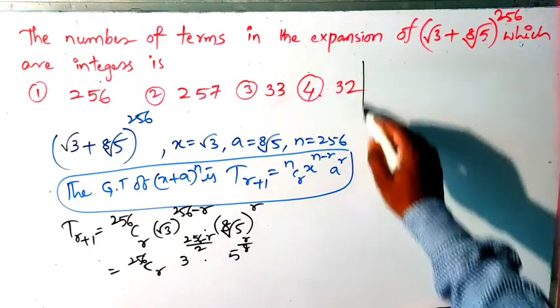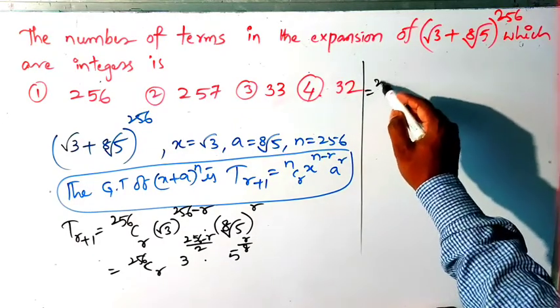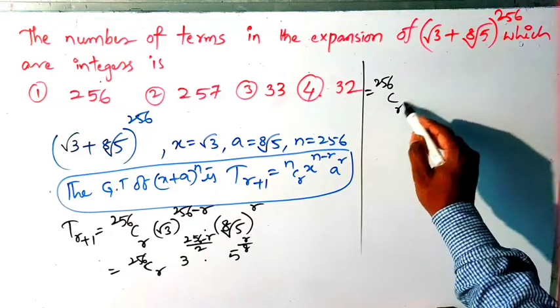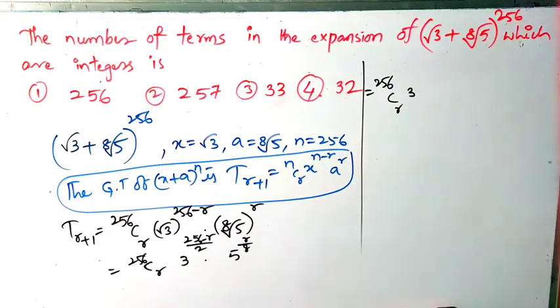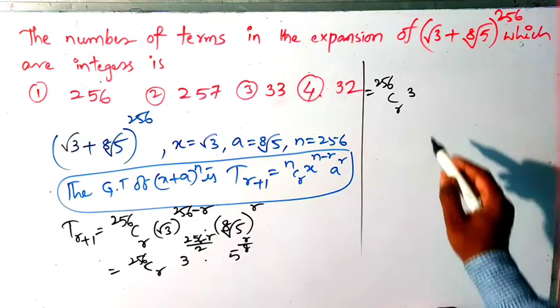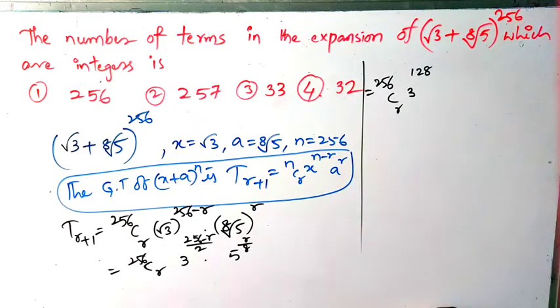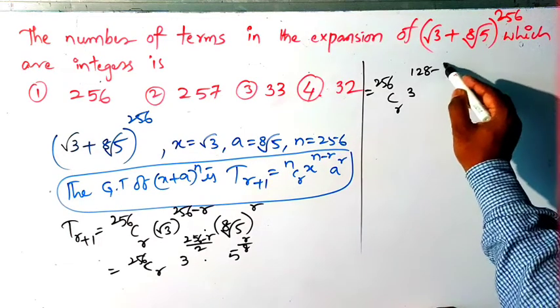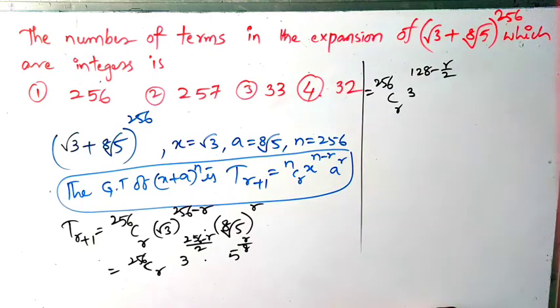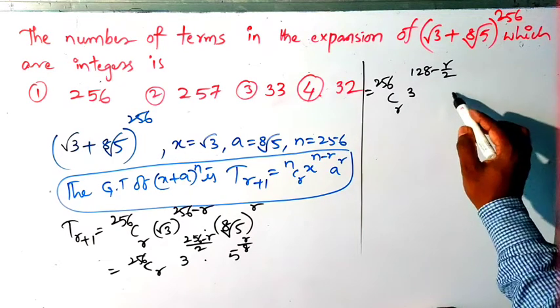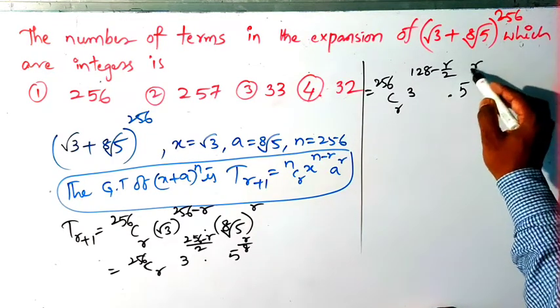So this can also be written as 256Cr times 3 power of... separating this: 2 ones are 2, 2 twos are 4, 2 eights are 16, so 3 power of 128 minus r by 2, and 5 power of r by 8 as it is.